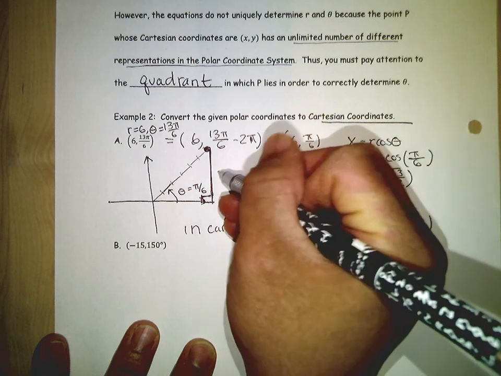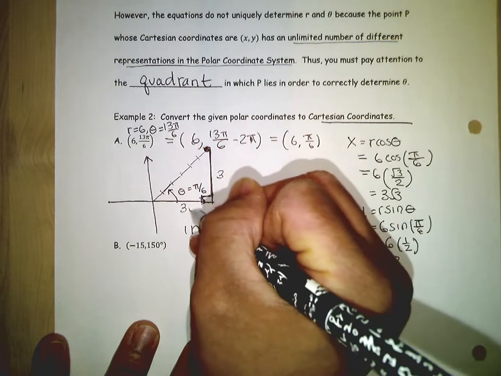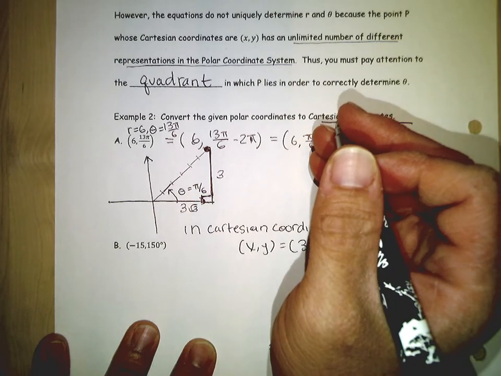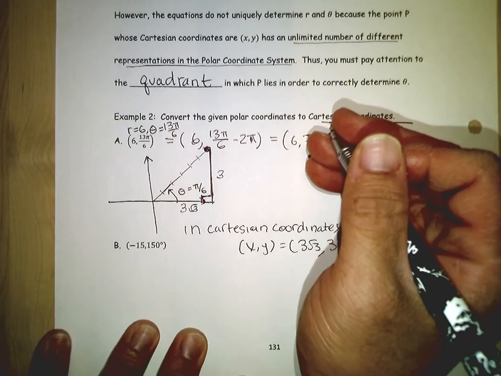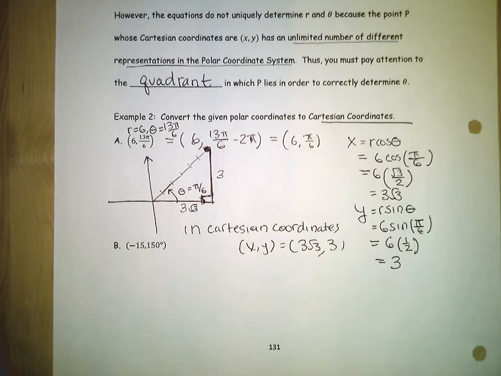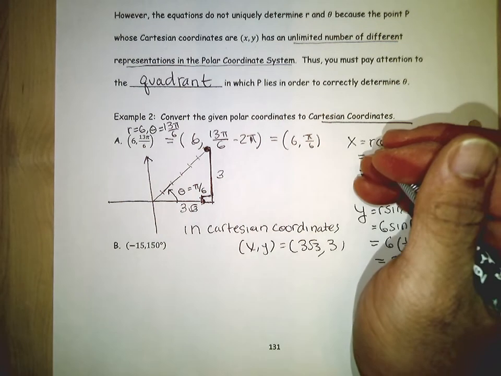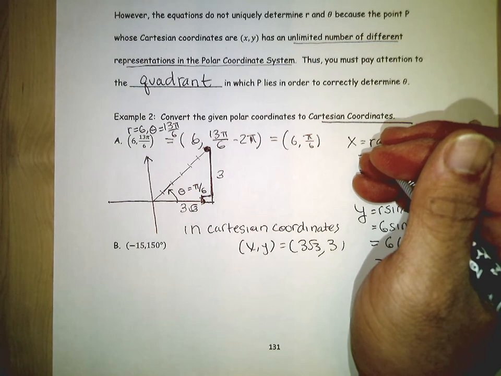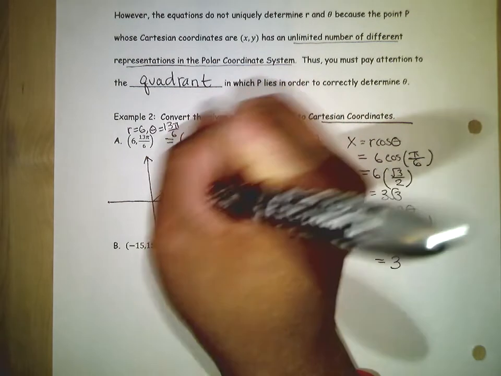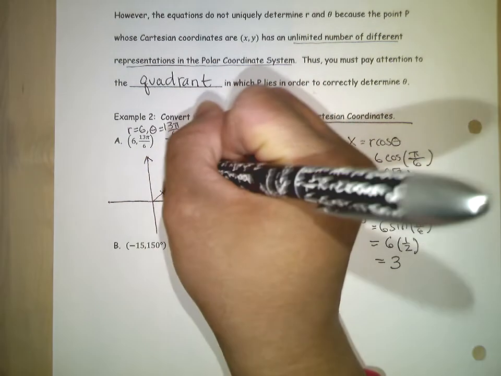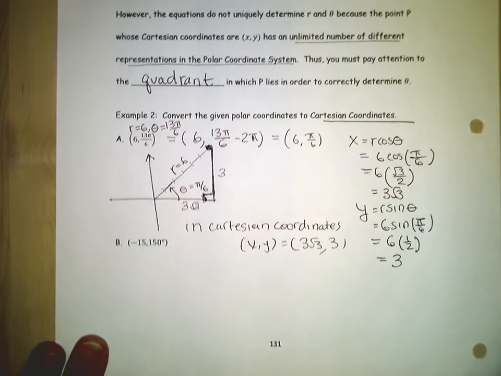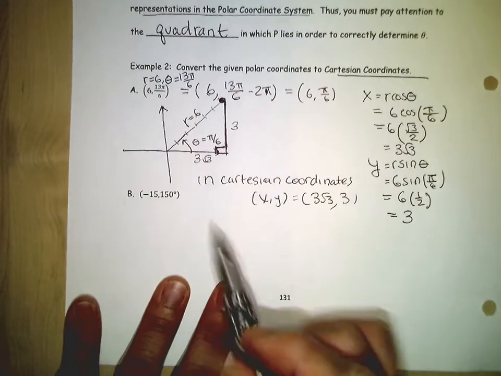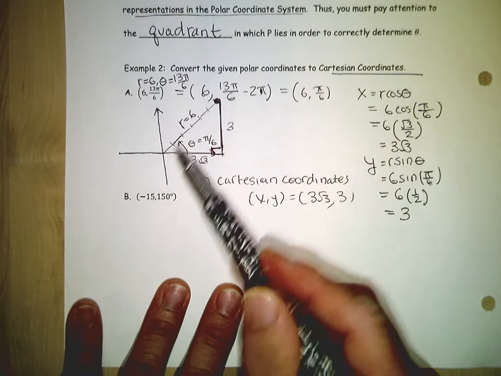So this is 3, 3 root 3. It might seem like it's a lot, but it's really not. This was r equals 6, so this is 6. Hopefully this will make sense that you could find these just by doing basic trigonometry as well.